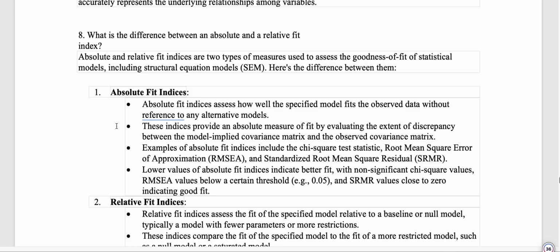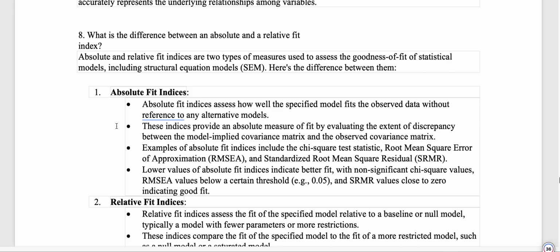Absolute fit indices assess how well the specified model fits the observed data without reference to any alternative model. These indices provide an absolute measure of fit by evaluating the extent of discrepancy between the model-implied covariance matrix and the observed covariance matrix.